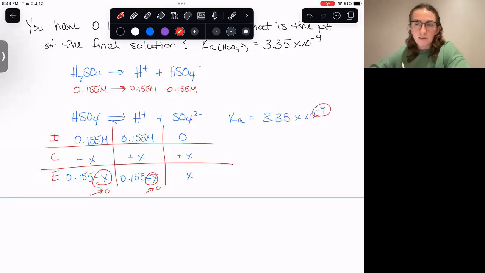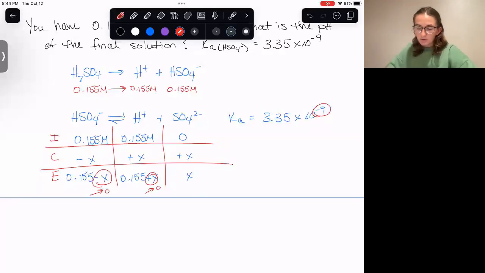But with something of times 10 to the negative 9, that's going to be super small, where you will not have a lot of change, and you can use the assumption. A general rule of thumb that I was taught during my undergrad was that if your Ka value has an exponent of times 10 to the negative 5 or smaller, as in negative 6, negative 7, negative 8, then you can use the assumption and it will work 99 out of 100 times.